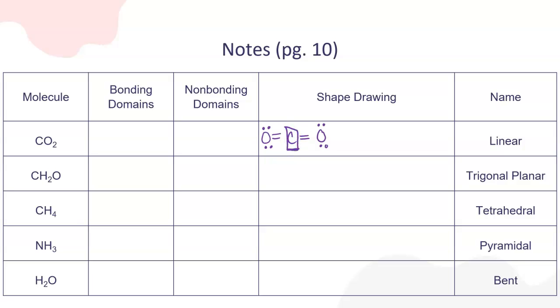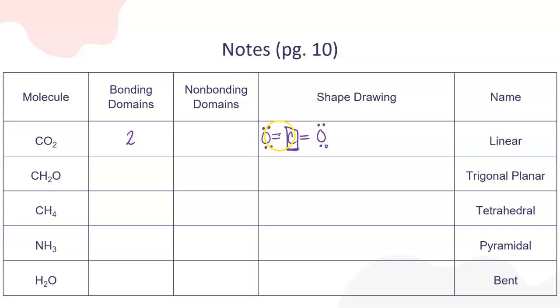If we look at carbon, we see that it has two bonding domains. Double bonds are still shared between the same two atoms, so that only counts as one domain. Even though it's two bonds, it is one domain because it is between the same two elements.